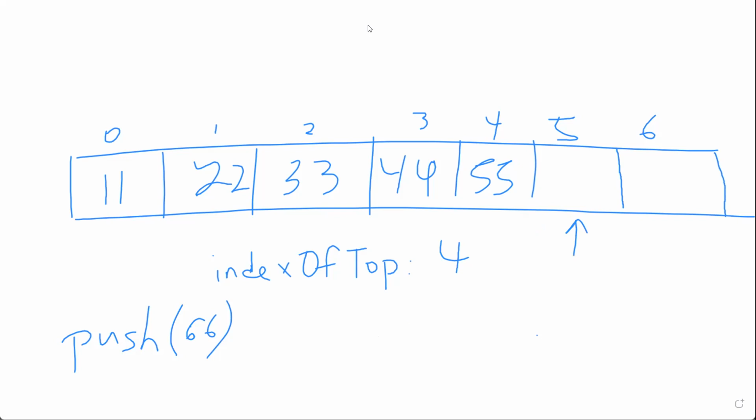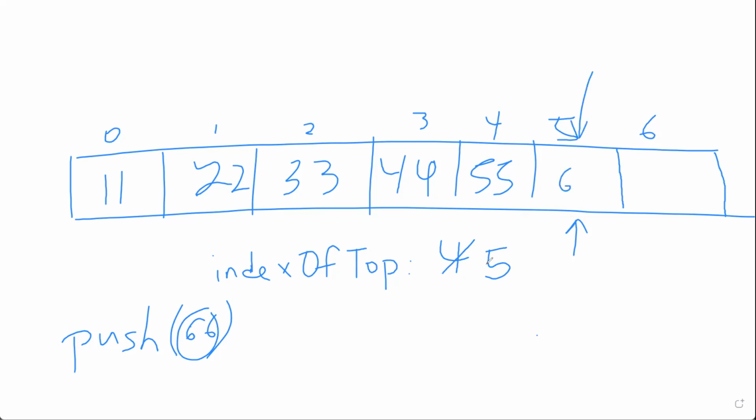Should I first increment index of top, make it go up to 5, or should I first put 66 here? Well, I could really do it in either order, but I think it makes more sense to first increment index of top. So make index of top be 5. And then simply put this new element at this index, which is the index of top right now.